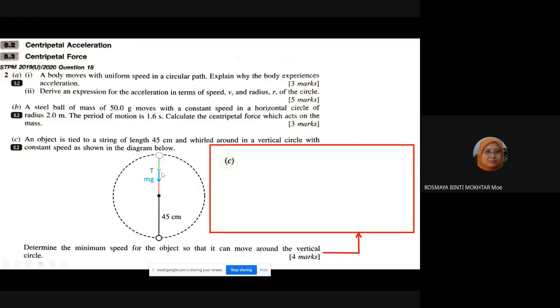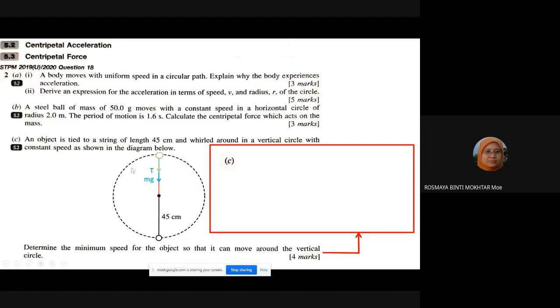The tension acts towards the center every time during the circular motion, directed always towards the center. But mg at all points is directed downward, while T is related to the string, so it is towards the center of the circle.